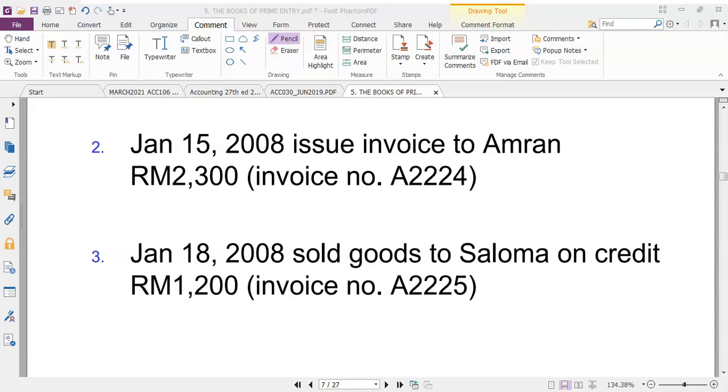Which one is sales invoice? Which sales invoice looks like? Okay, I will share to your WhatsApp group. After that, I will download and share to you.